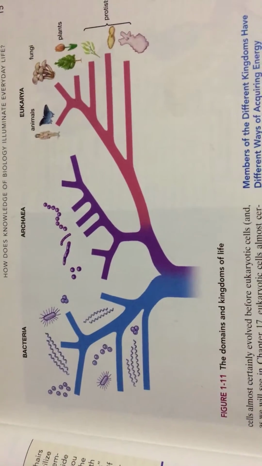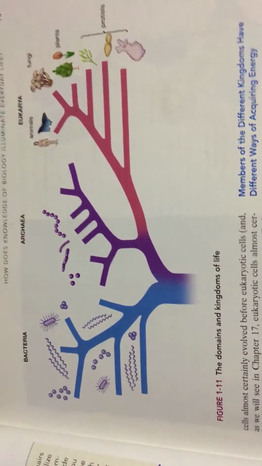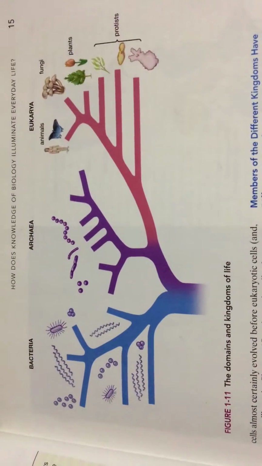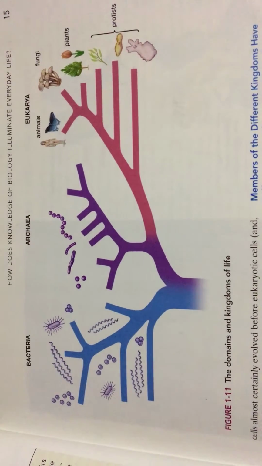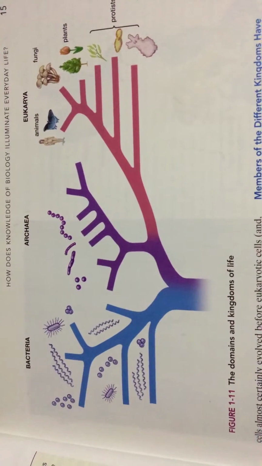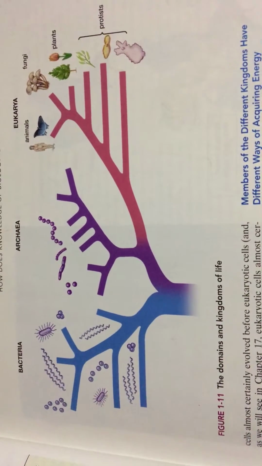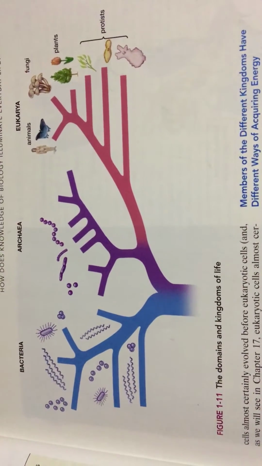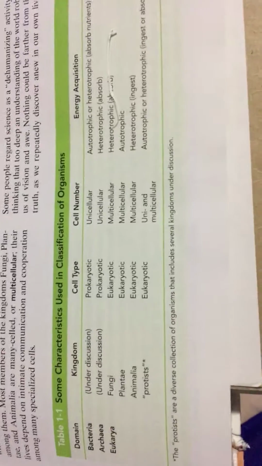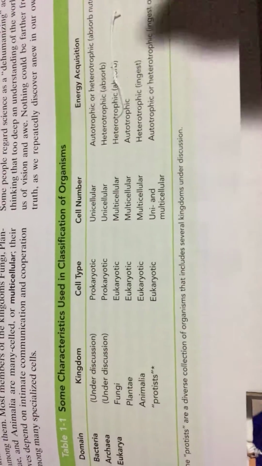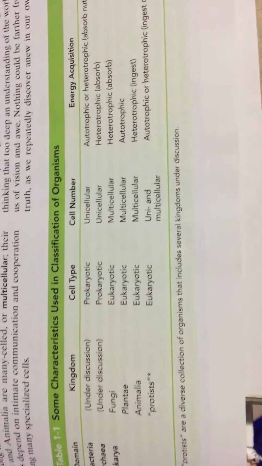It's pretty easy once you understand and are able to look at everything. It's different cells there on the left, and the more complex things are on the right. Here's a chart for that.